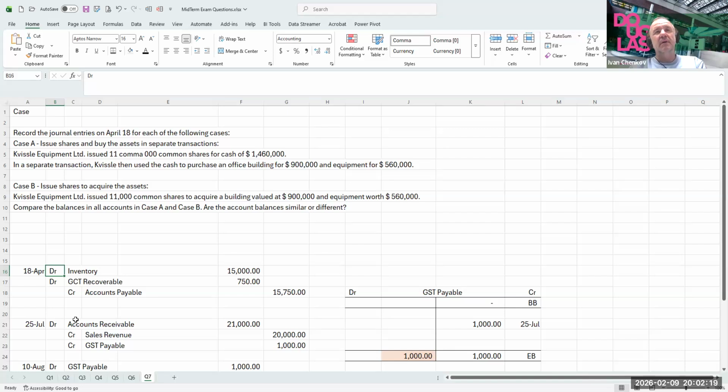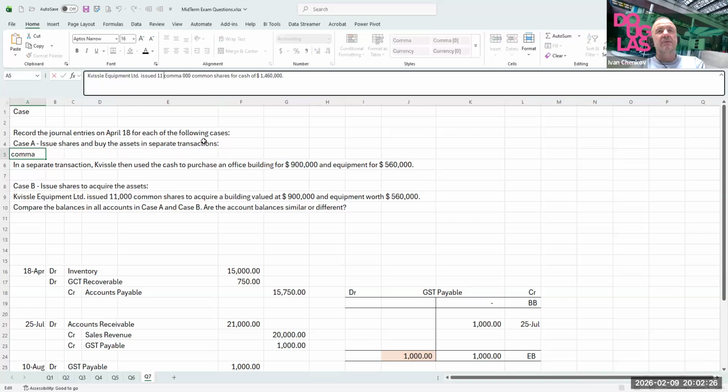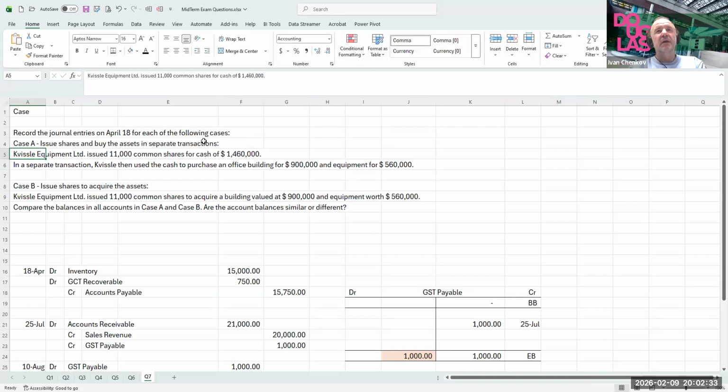Issue 11,000 common shares for cash of 1,460,000. In a separate transaction, use the cash to purchase the office building and office equipment.